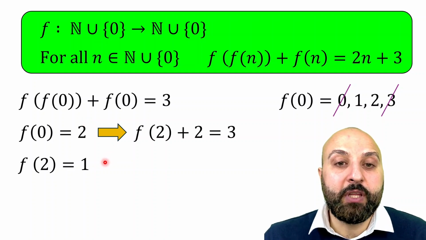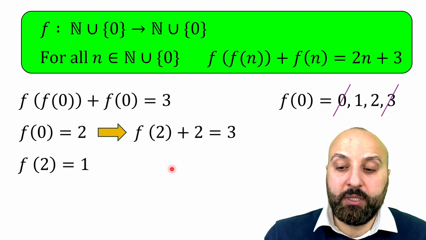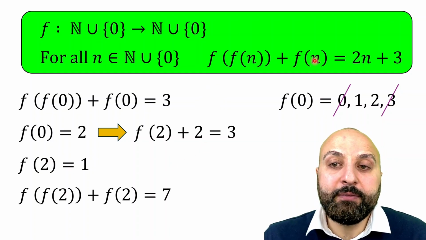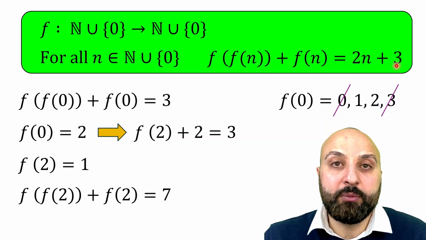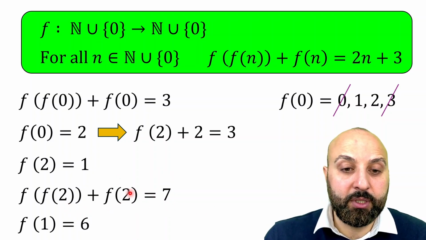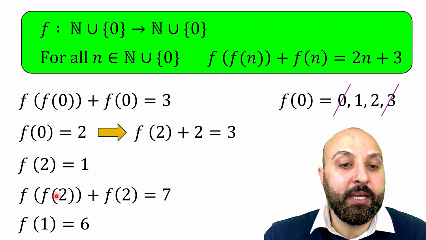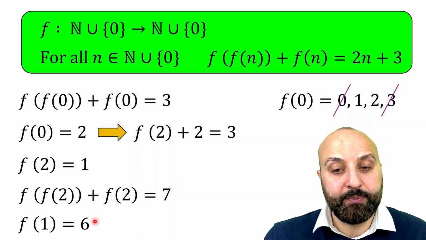Now I'm going to put n equal to 2 in this equation. So f(2) + f(f(2)) will be equal to 2 times 2 plus 3, which is 7. But we know f(2) is 1, so that means this is 1 and it disappears, so we have f(1) equal to 6.